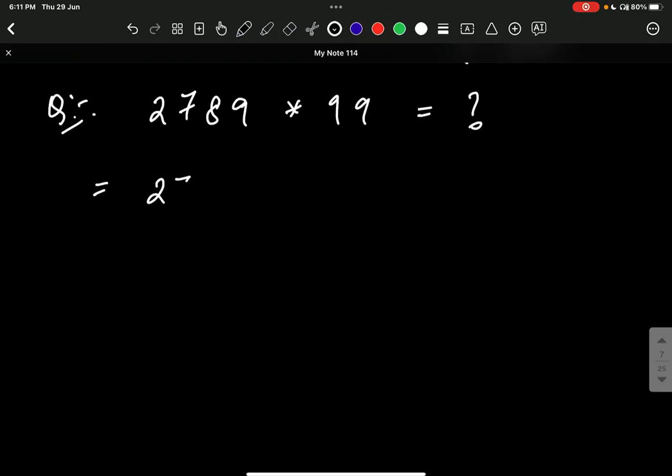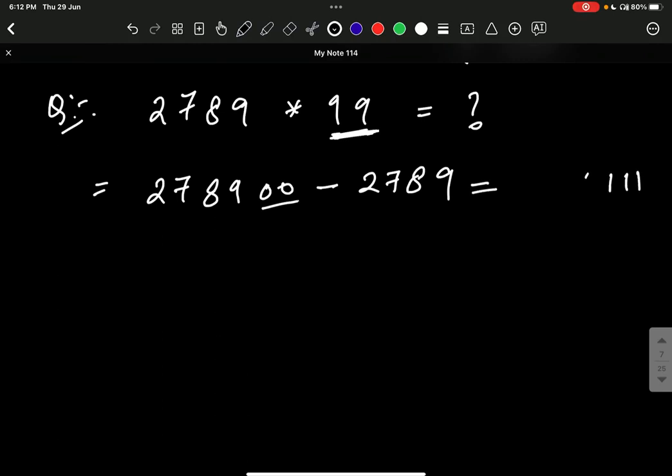You can write it as 278900, because we have ones and tens also, so we include 2 zeros over here, and then you need to subtract 2789 from it. Now the calculation would be easy. It is 276111, right? So this way you can perform it.